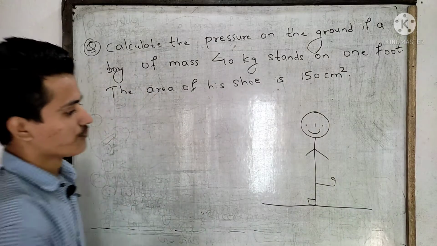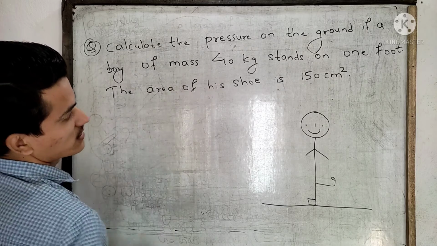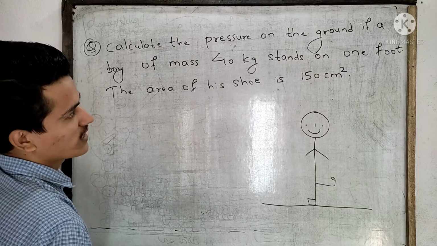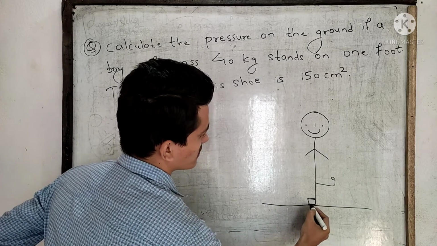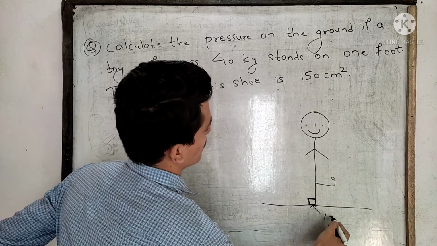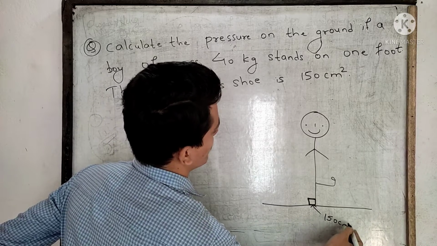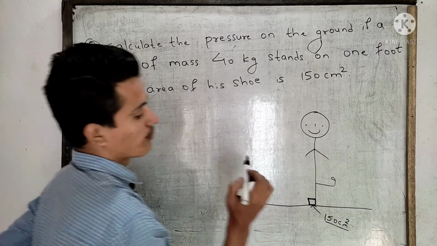Now this boy has a mass of 40 kg. How much mass? 40 kg. And the area of his shoe is 150 centimeter square. And the question has asked us to calculate the pressure.